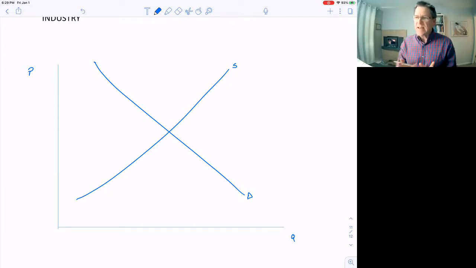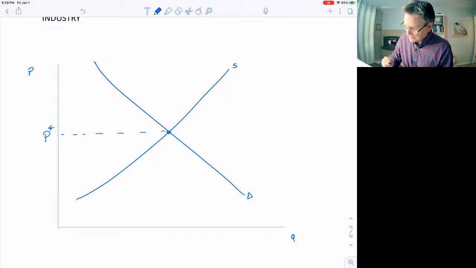So it's really the sum of all the marginal cost curves of all the participants in that market. And that will give us this market price, P star. And we know the total quantity produced in that market will be Q star.